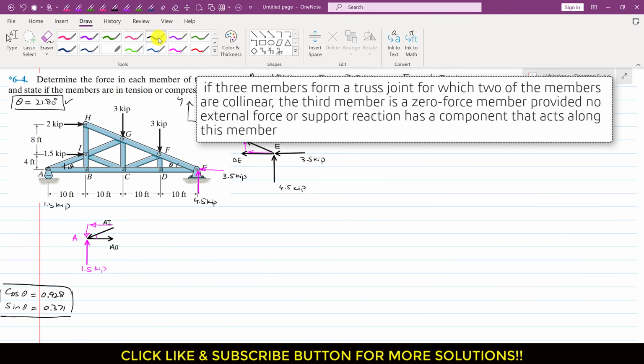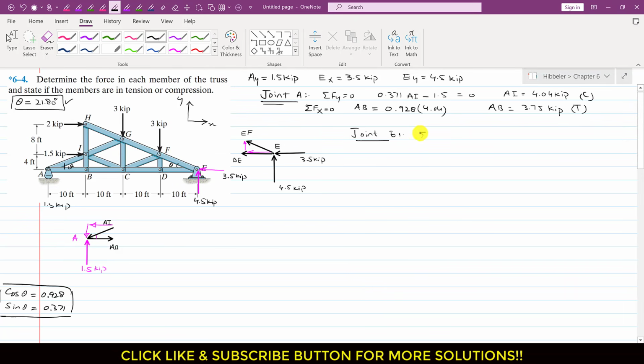So now again if I apply the summation of forces along y equals 0, as we can see that this sine component of EF is acting in the positive y direction. So this is 0.371, sine value is 0.371, 0.371 EF plus 4.5, and this is equal to 0. So from this EF will be negative, right?